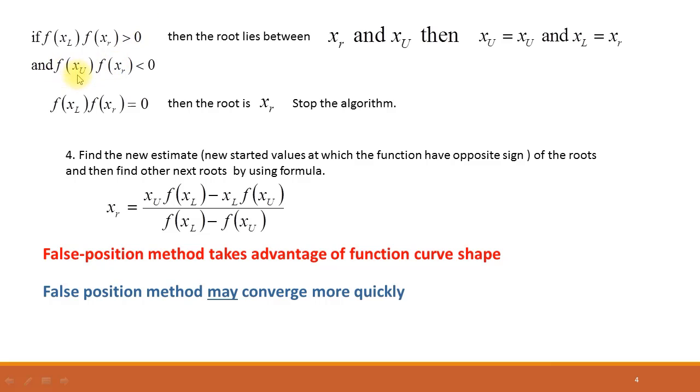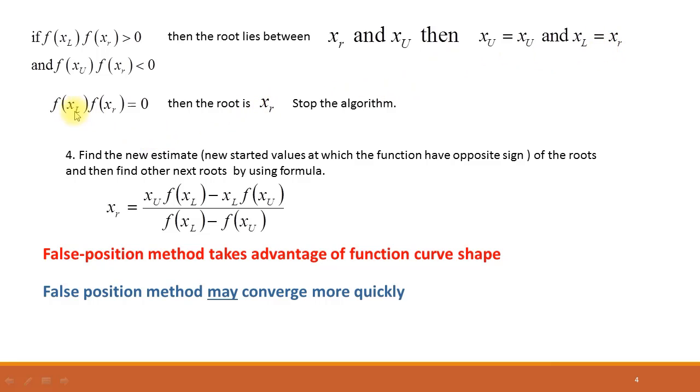And if the product of the function estimates at xu and xr is less than 0, then the root lies between xr and xu. Then xu will be as it is and replace xl by xr.